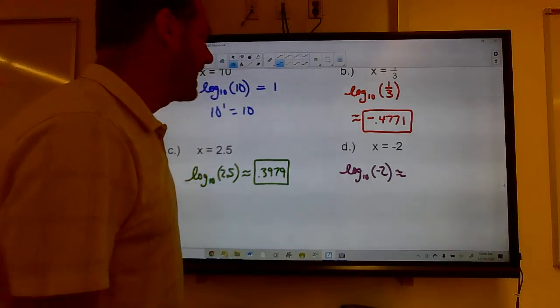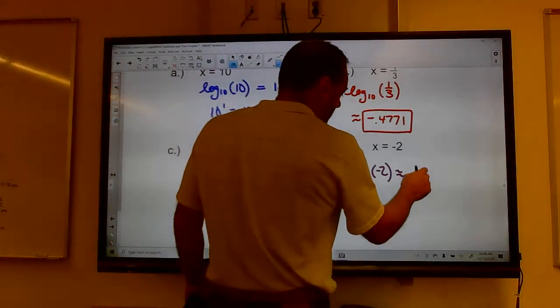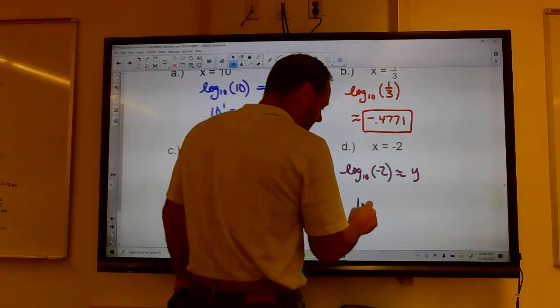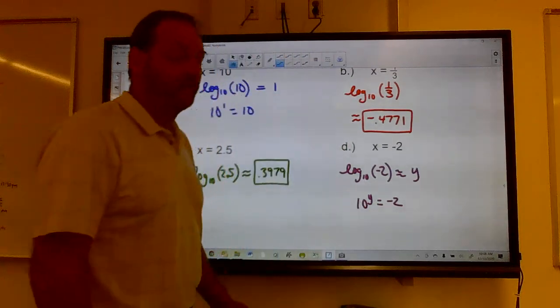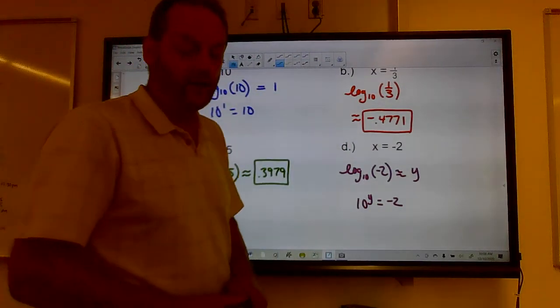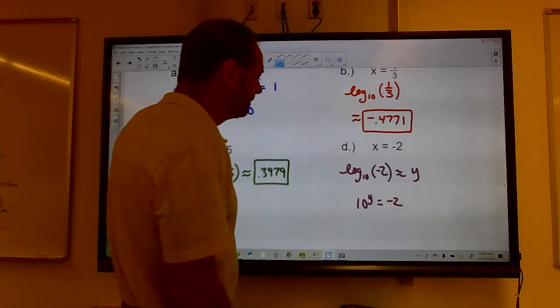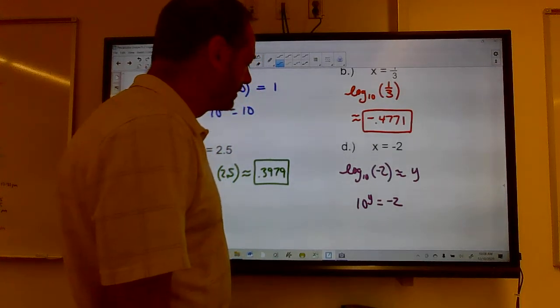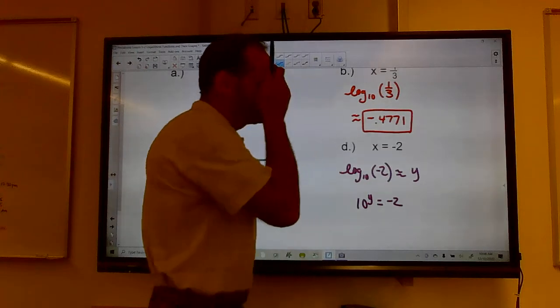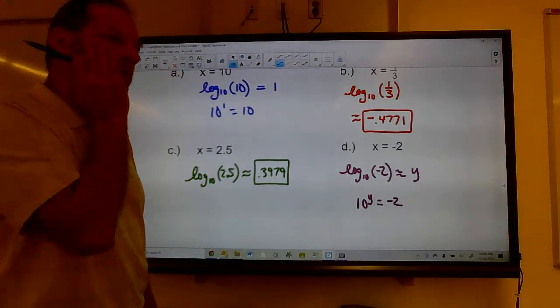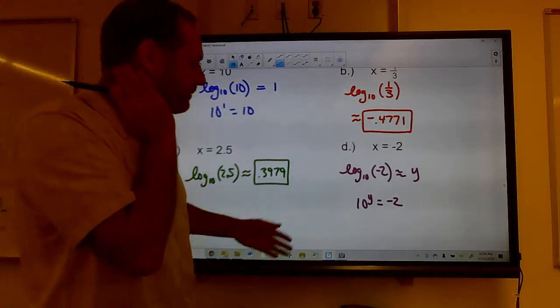Okay, why is that? Well, because I want this to equal some number, and 10 to the y power is supposed to equal negative 2. And you can't do that, okay? If you think about 10 to what power is going to equal a negative number? Well, 10 to a positive power is going to be a bigger number, right?